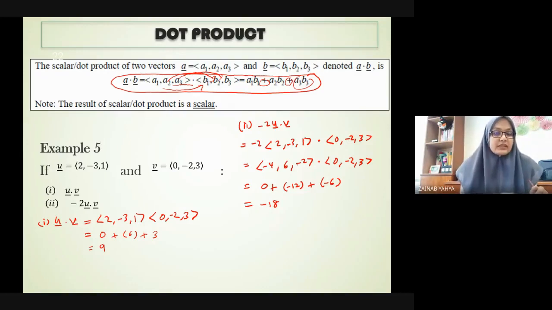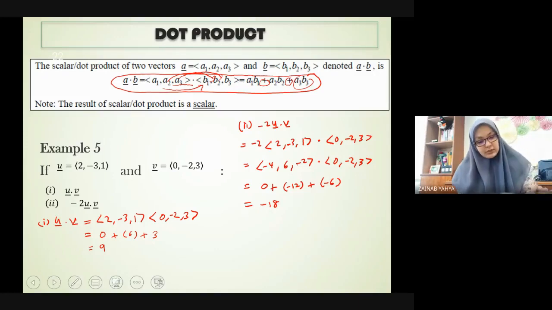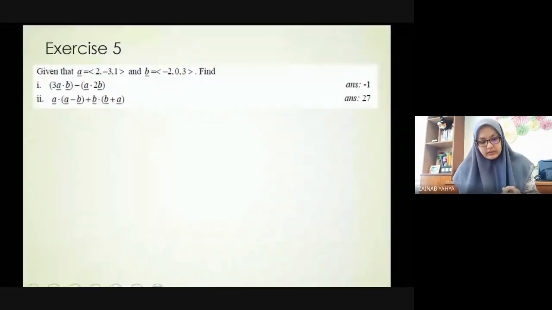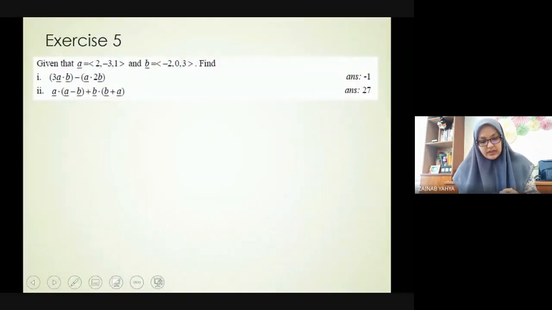And also the operation inside here is addition, so it will not change the value. So yes, you can do the dot product first and then multiply by negative 2. That's one of the properties of the vector. So these are the exercises I'll give you as homework later.